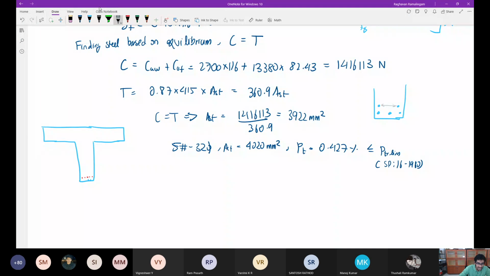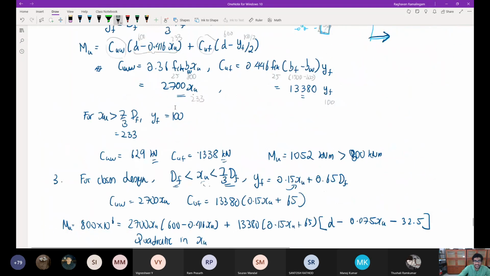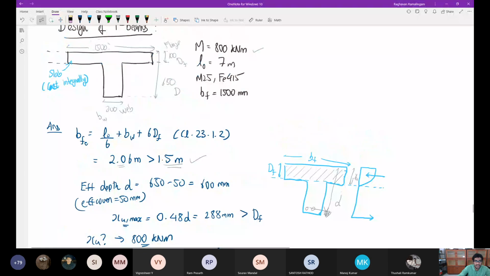So 5 numbers of 32 diameter. This is 1500. So it's 300, and this remaining part is 100. 550.